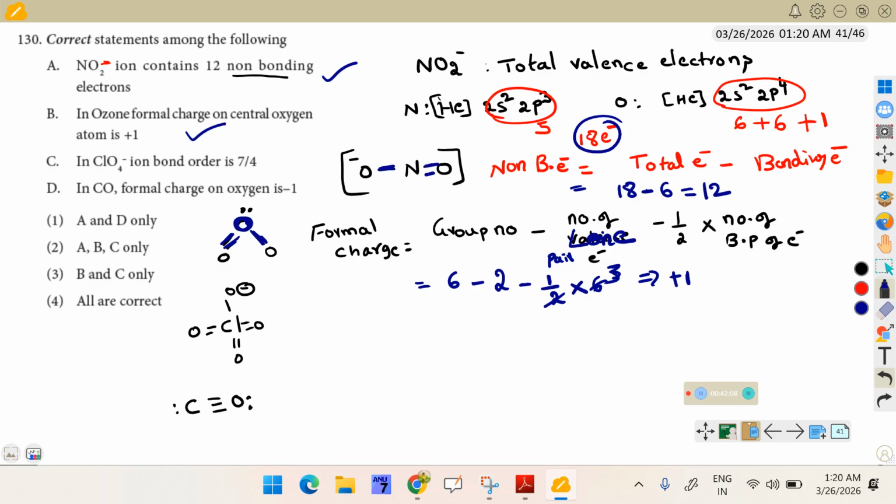In the ClO4 minus ion, the bond order is 7 by 4. In the case of a polyatomic molecule, bond order is equal to the total number of bonds in a structure divided by the number of resonance structures.